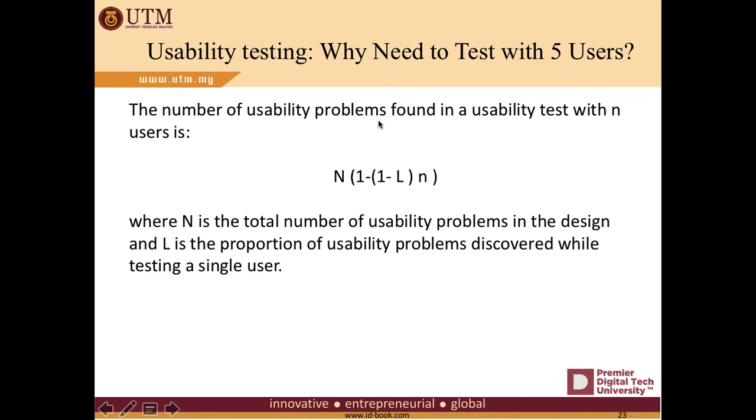The number of usability problems found in usability testing with n users can be given by this formula: N(1 - (1 - L)^n), where N is the total number of usability problems in the design, and L is the proportion of usability problems discovered while testing a single user. So this formula shows the usability problems found within n users.